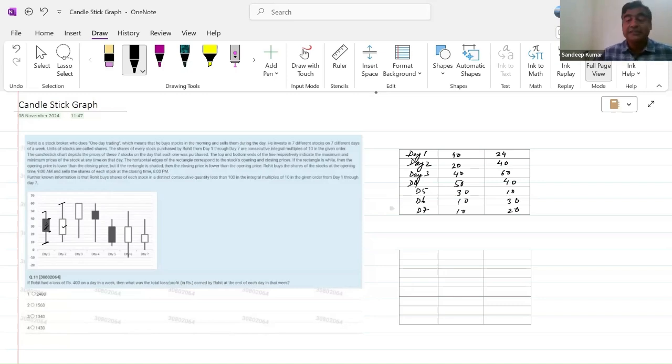So we have the share prices on all the given days of whatever stock he has purchased. Now, the more important part comes.